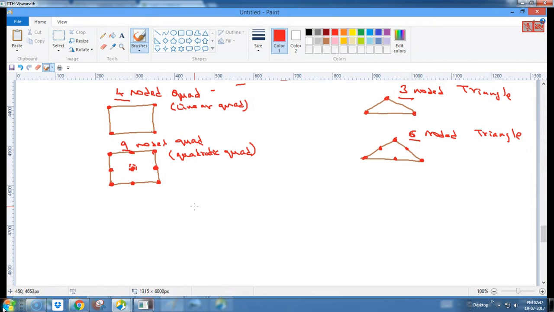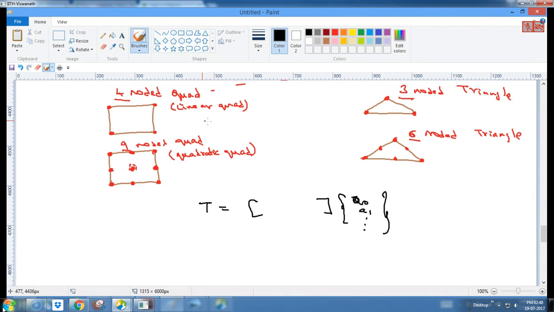So no matter what I choose, I have to write my temperature field as a basis function times the coefficients. In this case, the number of coefficients is 4. In this case, it is 3. In this case, it is 6.